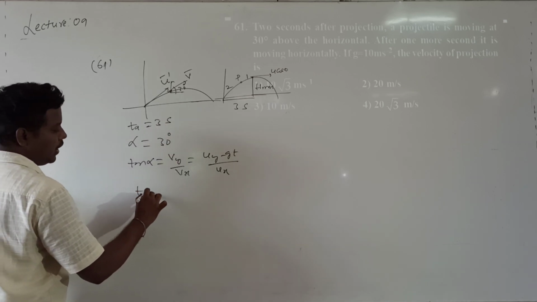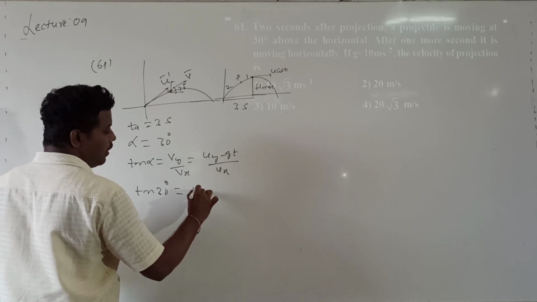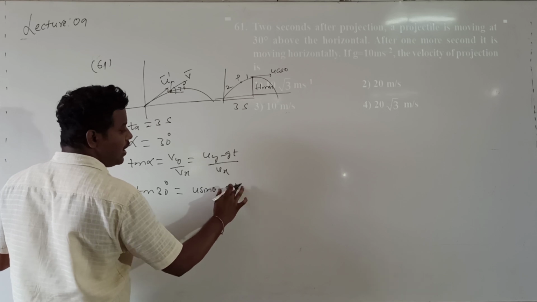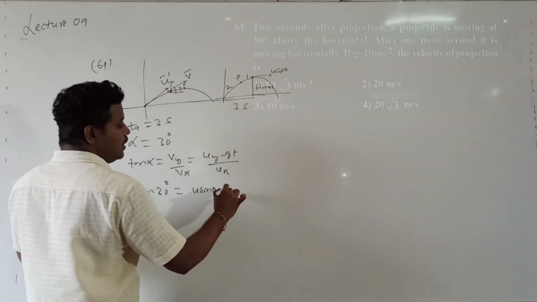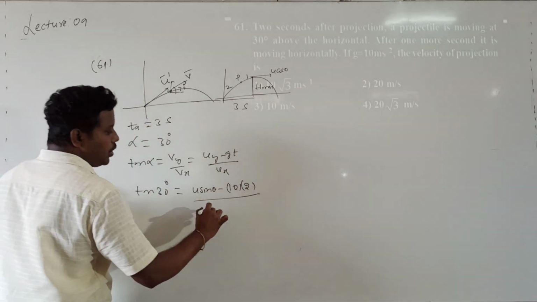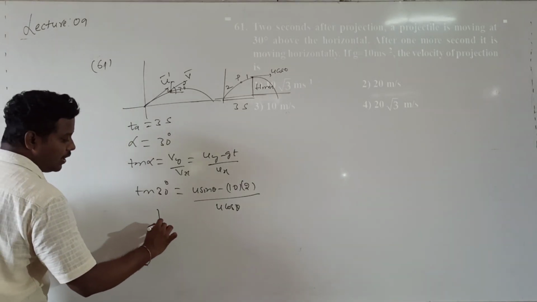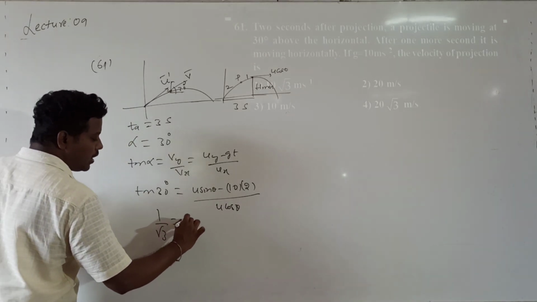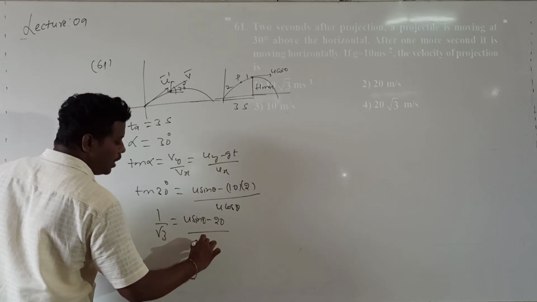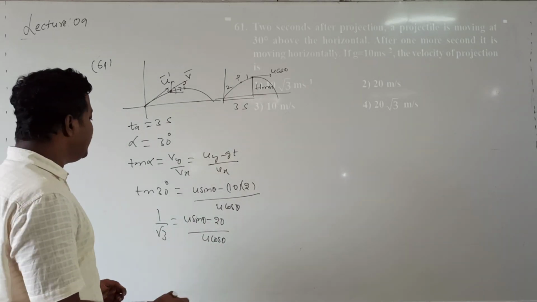Then what is tan alpha value? Tan 30 degrees value is equal to Uy, that is u sin theta minus g into t. T value how much here? I will substitute g value 10 into t value 2 seconds, divided by ux value, given by u cos theta. What is tan 30 degrees value? 1 by root 3. So 1 by root 3 is equal to u sin theta minus 20 divided by u cos theta. Right? So cross multiply, what will we get?